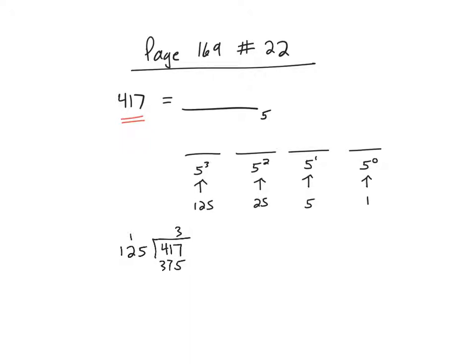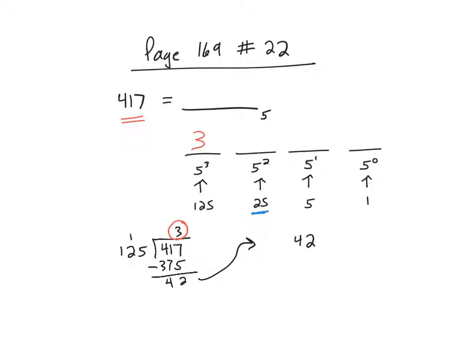and I've got 375. So if I subtract, I have 42 left. So I'm going to put a 3 here because that's how many 125s I got. Okay, so now I need to take that 42 and I've got to say how many of the next spot, which would be 25, can I get out of 42?